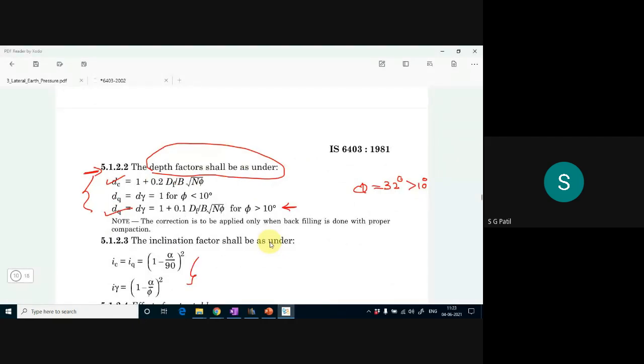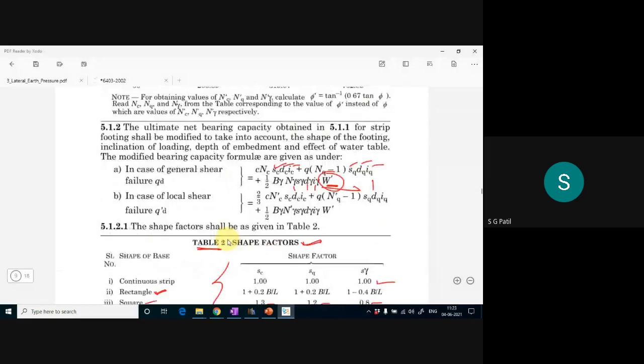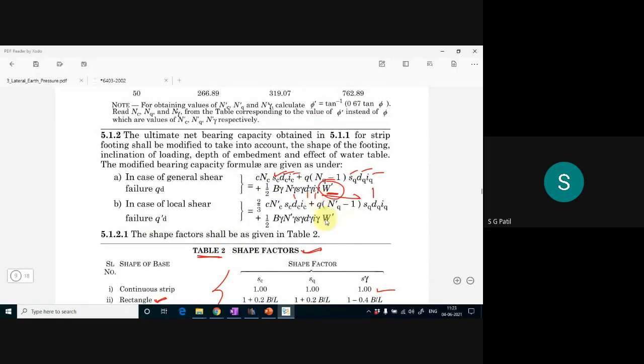Inclination angle alpha is 0, so Ic, Iq, I gamma will be 1. If they give an alpha value, then you should calculate these parameters also. Then simply substitute all the parameters inside this formula and get the answer.